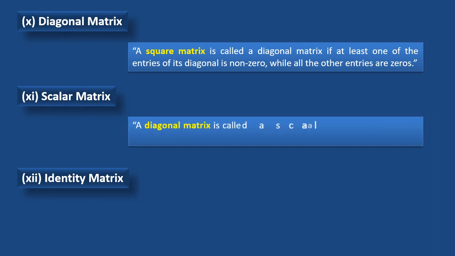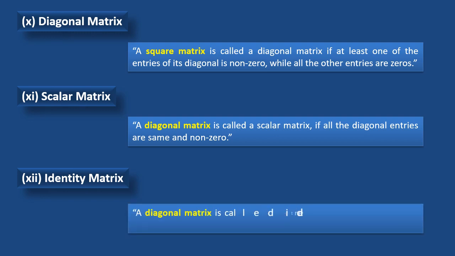Similarly, a diagonal matrix is called a scalar matrix if all the diagonal entries are same and non-zeros, while a diagonal matrix is called identity or unit matrix if all the diagonal entries are 1.